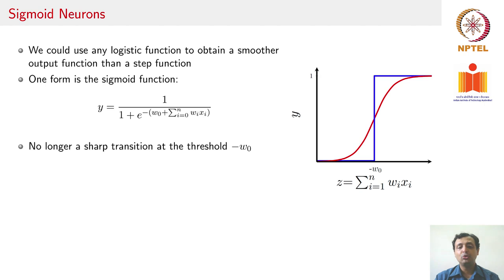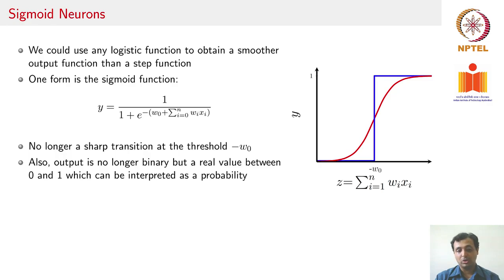Clearly here, you no more have a sharp transition at a threshold, but a smooth transition that goes as your input keeps changing. Also, your output now is no longer just binary. It's not just 0 or 1, but your output now can be any value lying between 0 and 1, which could potentially be interpreted as a probability of the output.